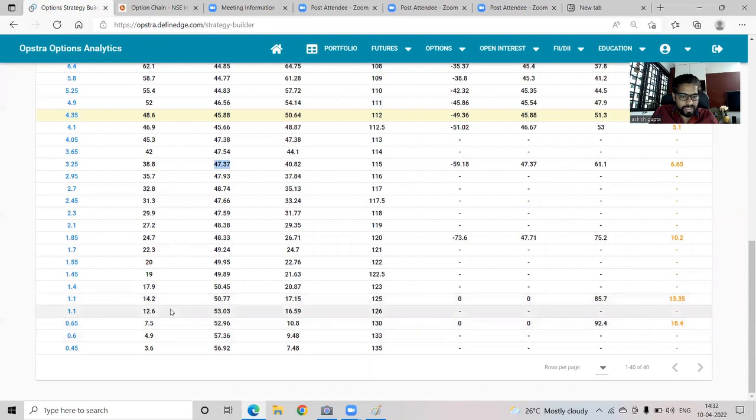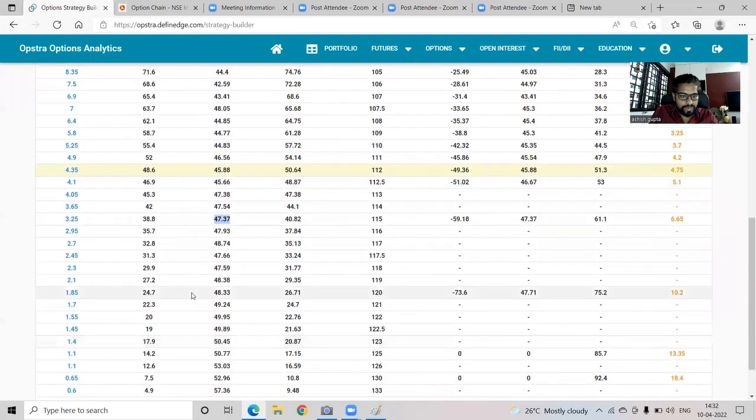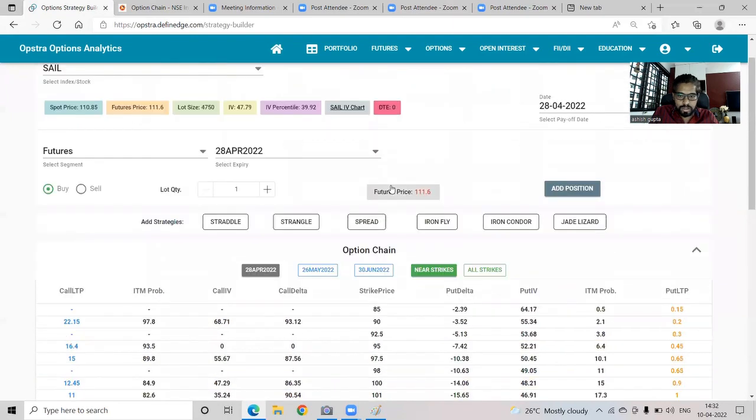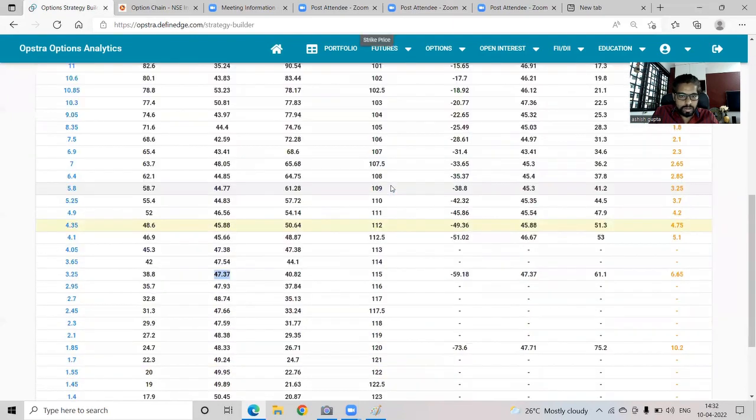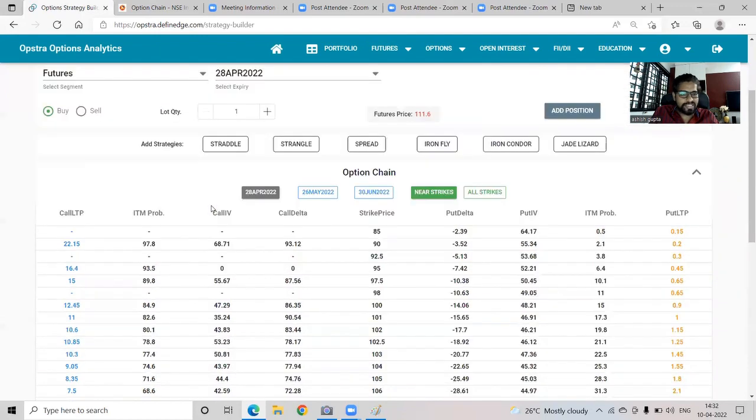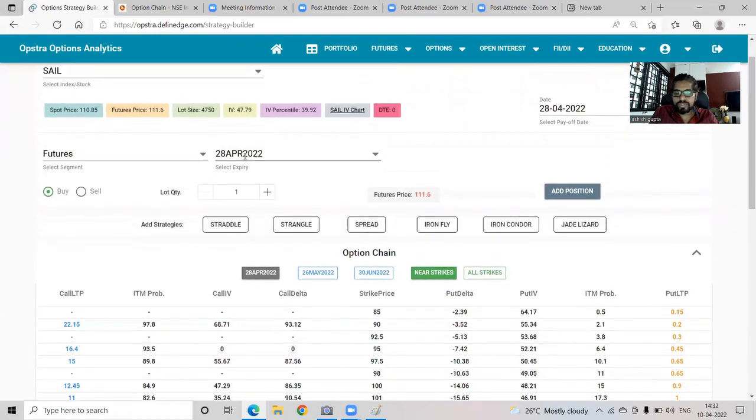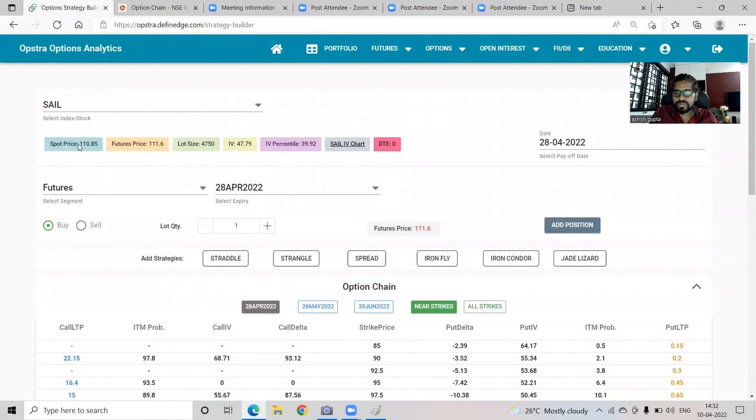Not really great, any of these trades. I will have to do a shorter distance ratio spread to make some money here. Okay, I think I'll give it a pass. I think ITC looks a decent trade to me, a 270, 290 call ratio, 1:2.